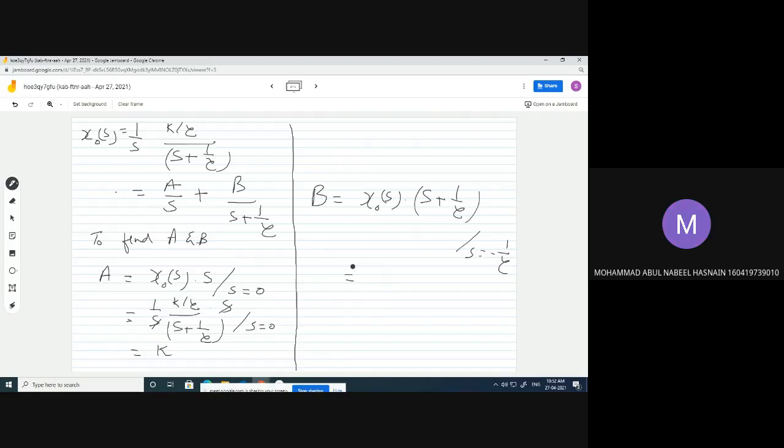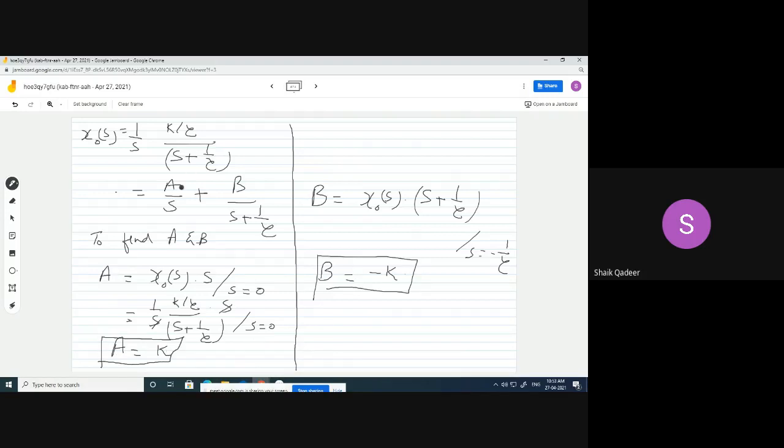Minus k. Great. Everybody getting minus k? A few more confirmations, please. Yes, sir. Minus k. Okay, great. So a is equal to plus k, and b is equal to minus k.